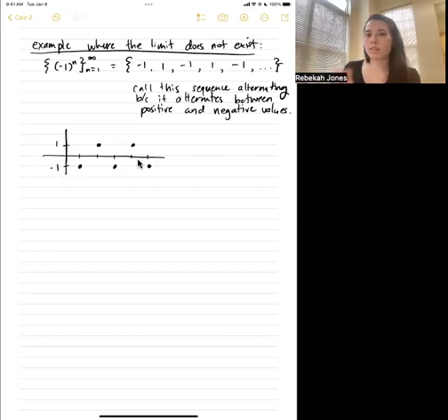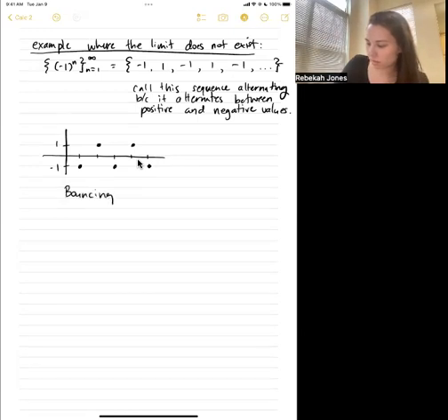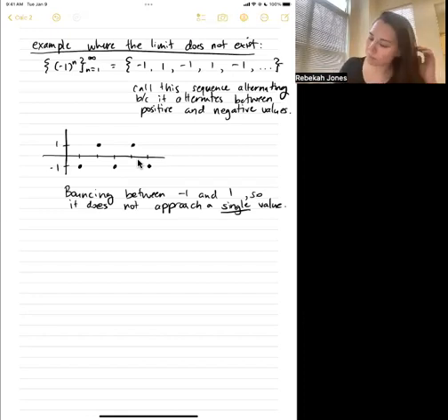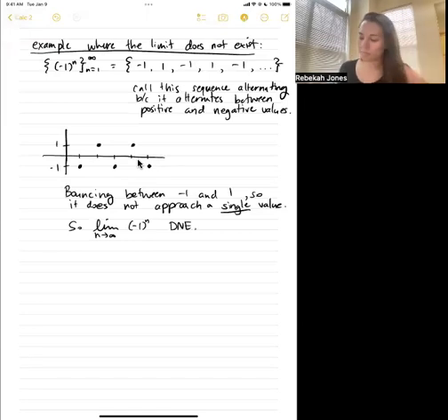It's never approaching a single value, right? It's always bouncing between -1 and 1. So it does not approach a single value, which is what we would need in order for the limit to exist. So the limit as n goes to infinity of -1 to the n just does not exist. Okay.